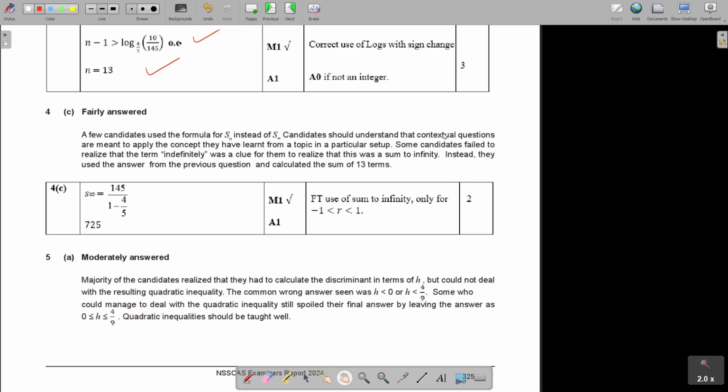Okay, so just make sure of the language there, so that you understand that means the sum to infinity. Instead, they used the answer from the previous question and calculated the sum of 30 terms. But if you just saw that it's the sum to infinity, I think it was a very, very easy part of the question.